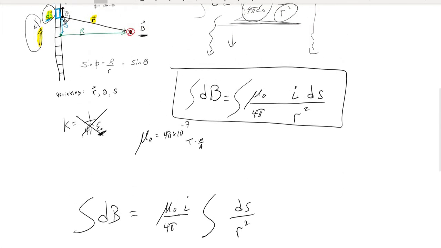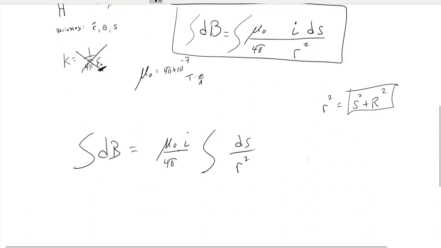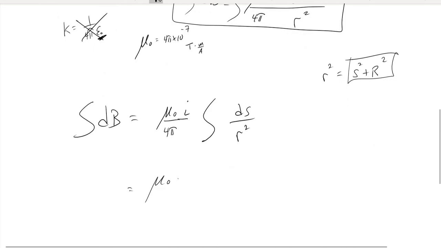If we're going to continue our integration with respect to ds, that's fine. But we're going to have to replace little r with something in terms of s. And in doing so, little r, s, and big R, they're all part of a right triangle. And so that can be plugged in no problem. We have ds over s squared plus R squared.